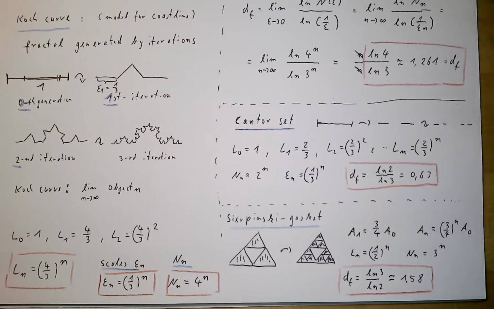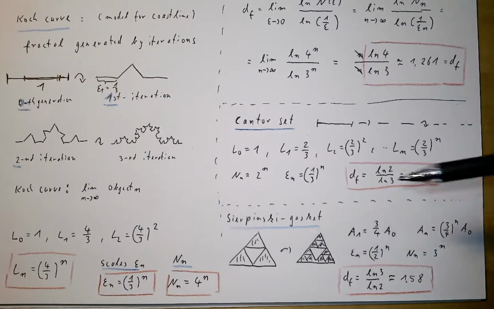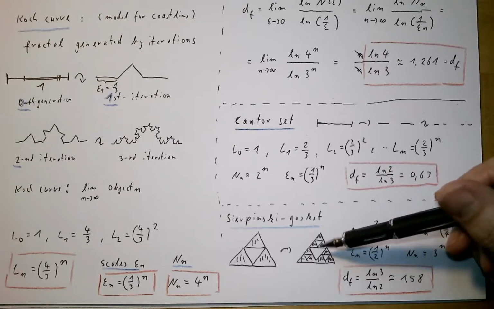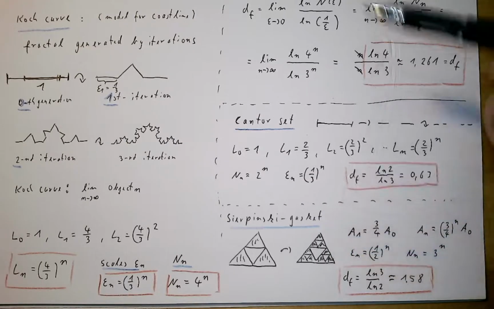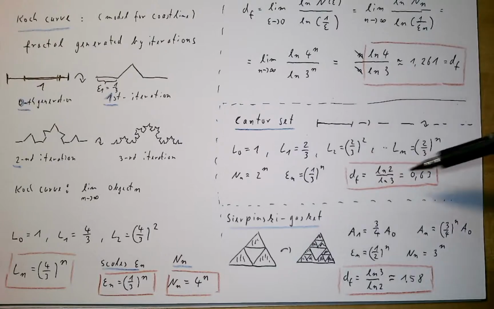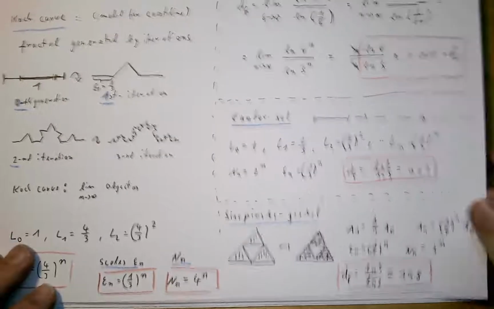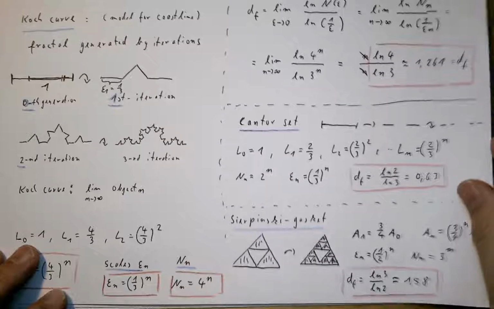And maybe when you now compare these three fractals, the Koch curve, the Cantor set, and the Sierpinski gasket, you see that we always created perfect self-similar objects, and actually we don't really need to follow this formula to calculate the fractal dimensions, because what we do, we always change the scale and then see how many objects we need to cover the thing in the new scale. Yeah? So we can define a self-similarity dimension for these kinds of objects.